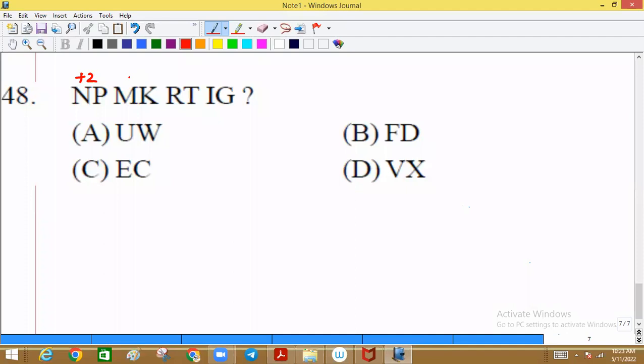M to K, it is decreasing by minus 2. R to T, again plus 2. I to G, again minus 2. If you think the next one is a plus 2, this is also plus 2. This is also plus 2. So this is not the format.